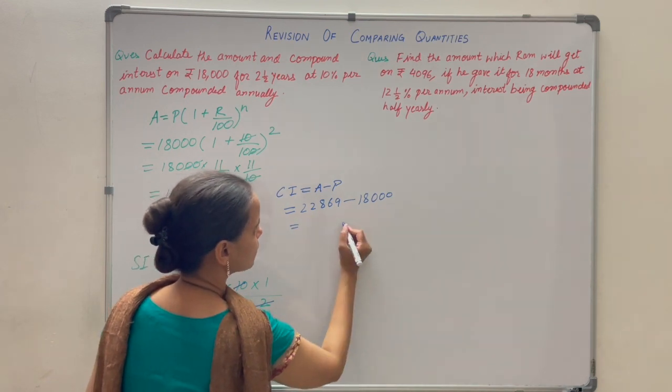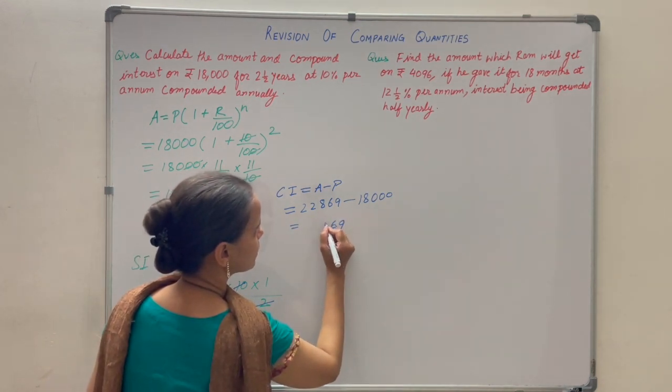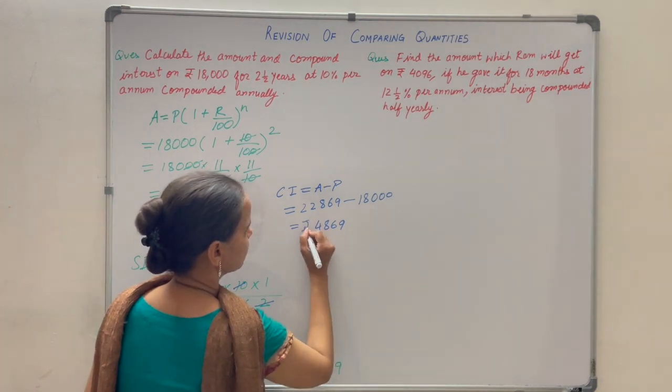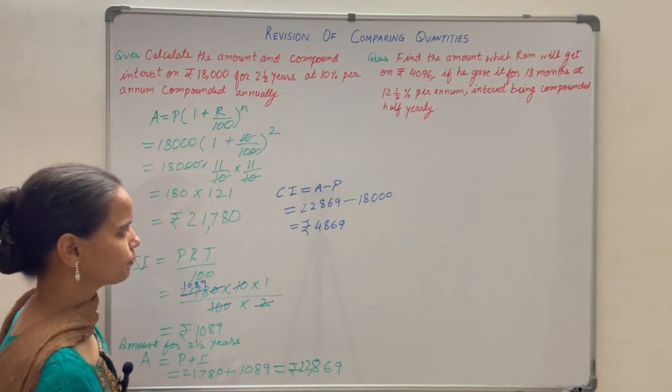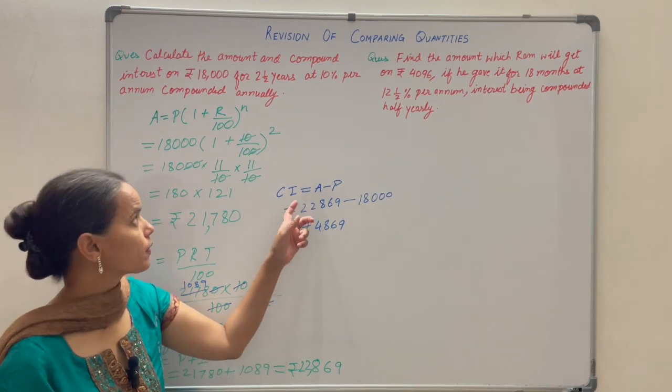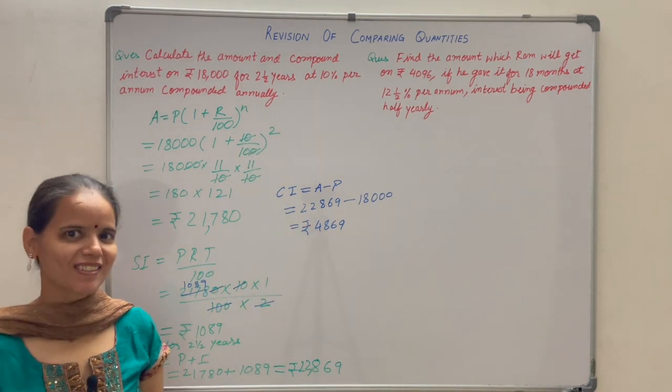So let us subtract it. You get 4,869 is the compound interest for 2.5 years.